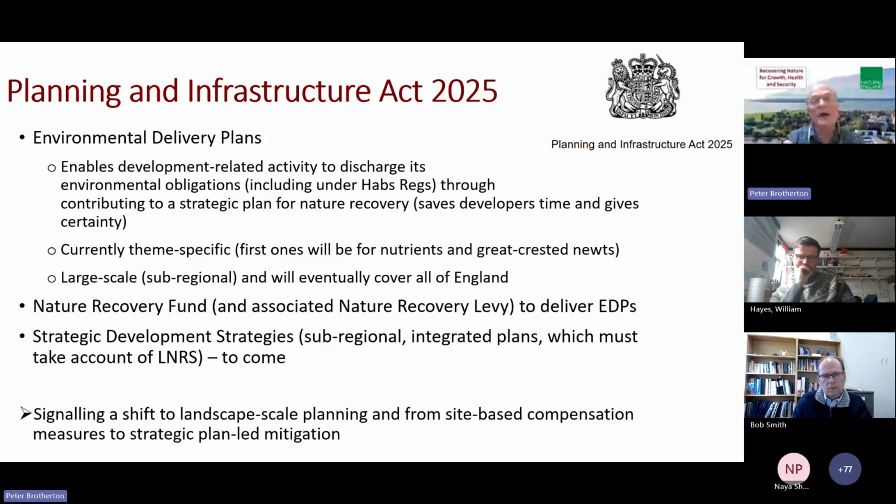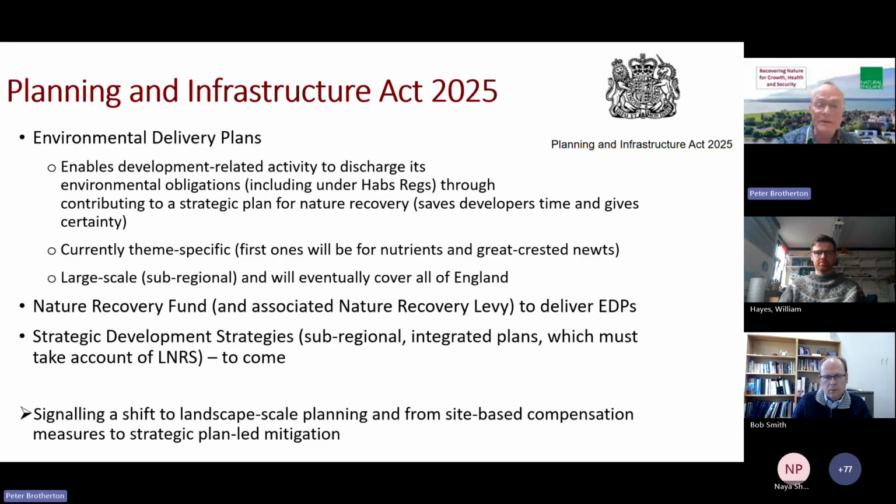The benefit to developers is that it saves time and gives them certainty in their decision when they're thinking about a particular development. They can know upfront that it is going to be able to get through.